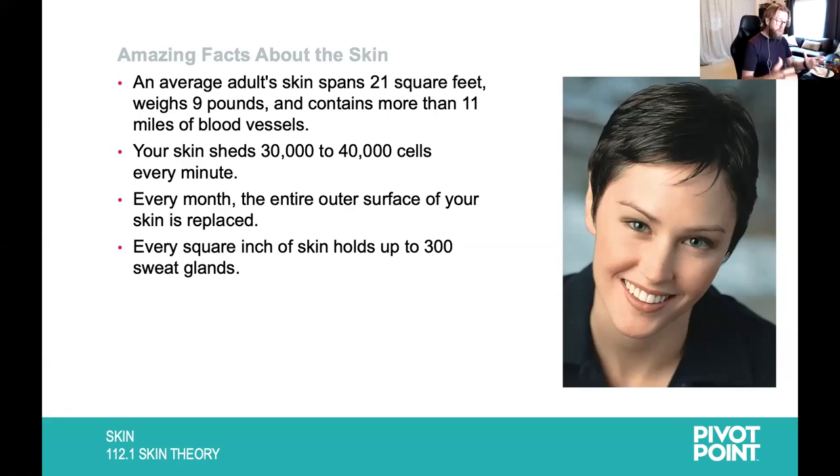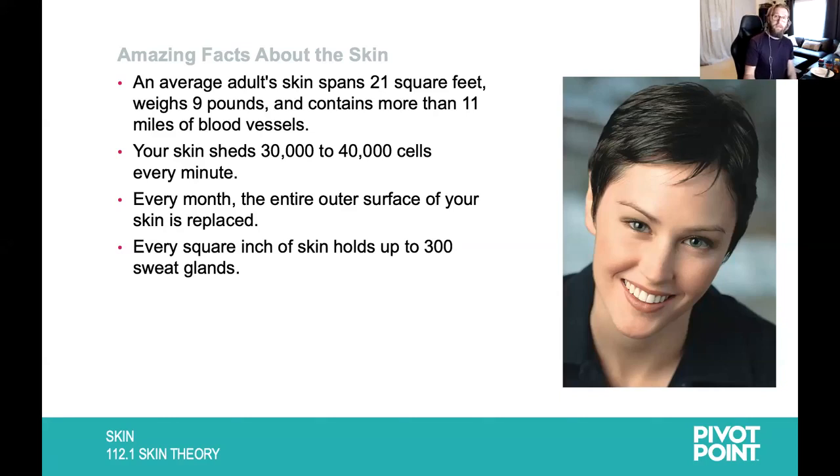And you have over 11 miles of blood vessels just in your skin. Think about that with how thin the skin actually is and everything that's inside of it, not just miles on miles of blood vessels, but also the constant reproduction that's going on, and the glands that are inside of it. I think the skin itself is pretty unique and fascinating.